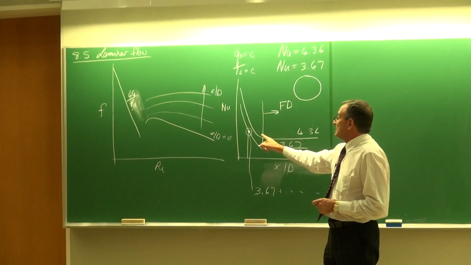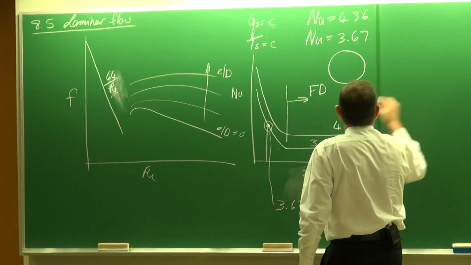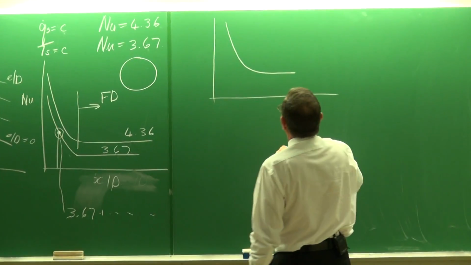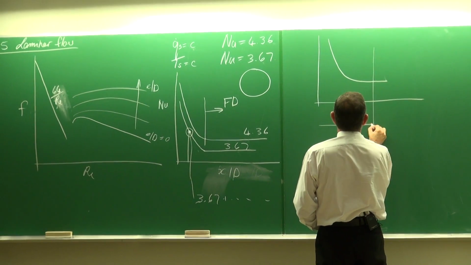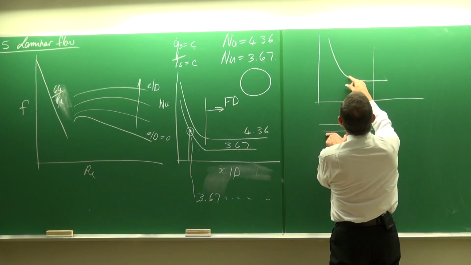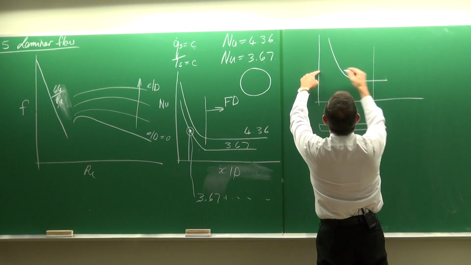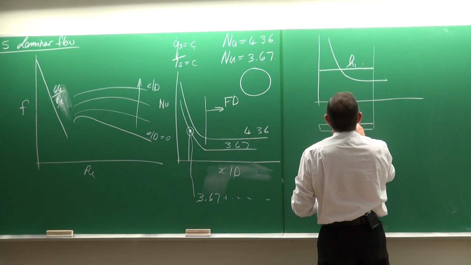It is the average over the total length. So you will always have something like that. And if the length of the heat exchanger or the tube is equal to that, then it means that this is the average over this total length. So it will be approximately that value H1.